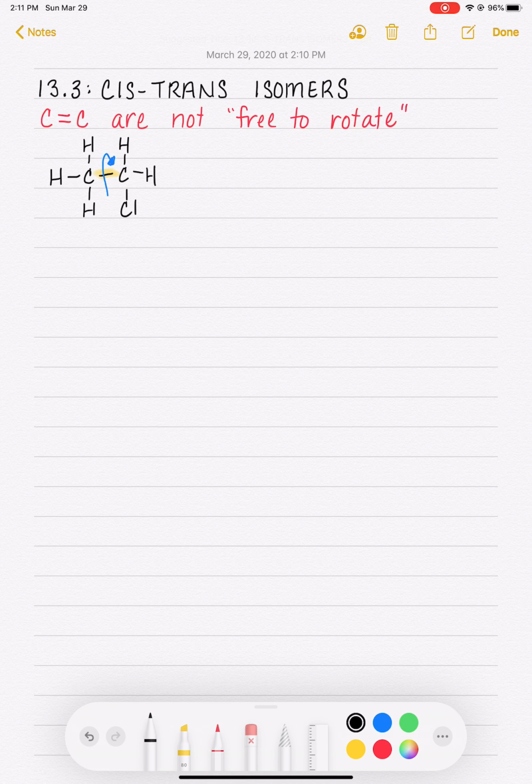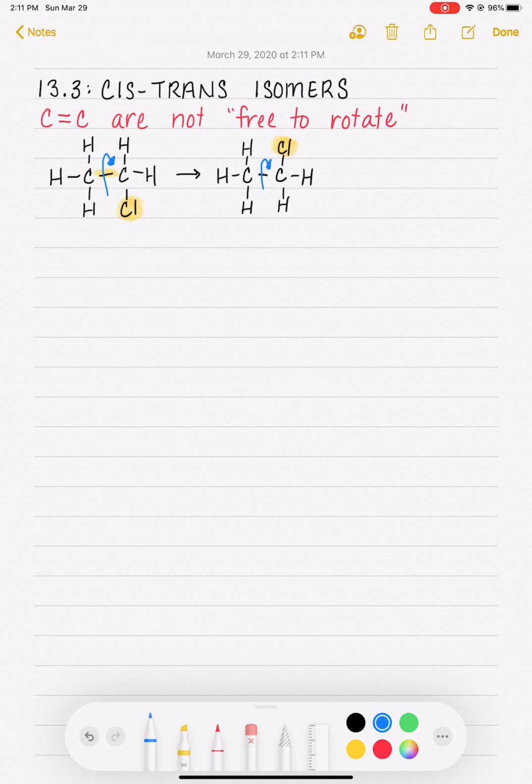And when it twists, we can see all different types of shapes for the molecule. Like as it twists, maybe the chlorine goes from being in this spot to this spot. And this is something that's freely happening. That carbon-carbon bond is freely rotating all of the time.